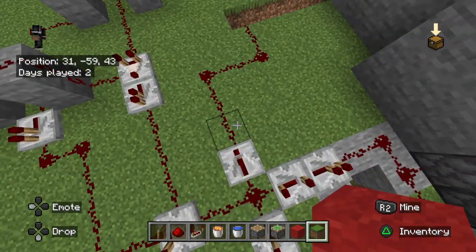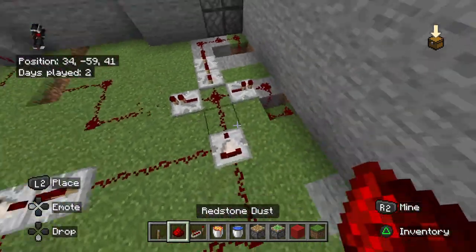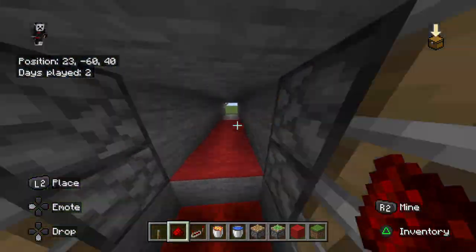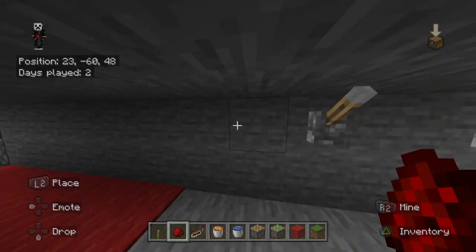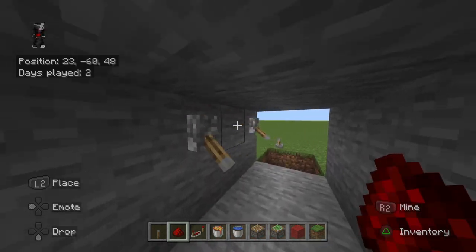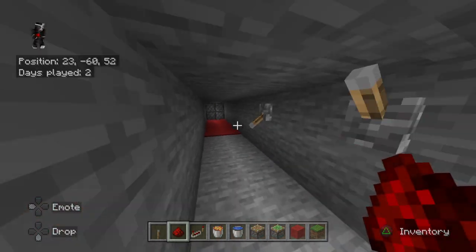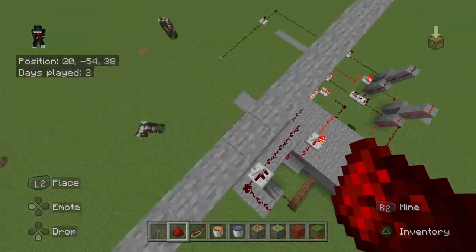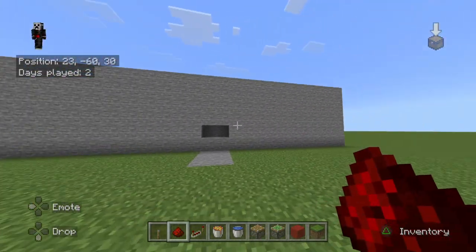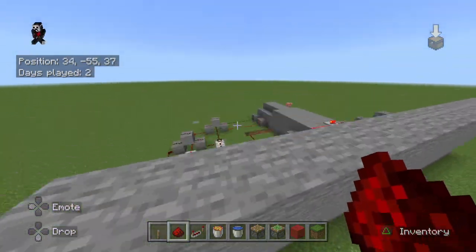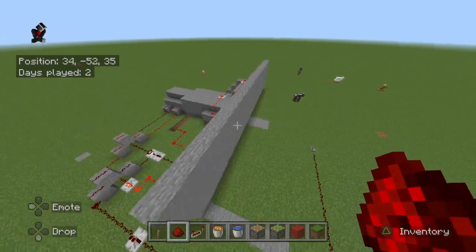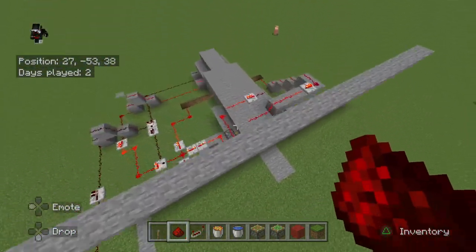Let's say I cut this line right here. Oh, that's not the right lever. Sorry. Then I do that. When I go out here, no power comes to this, so only half of it is powered. But when I replace that power, boom, flush against the wall.